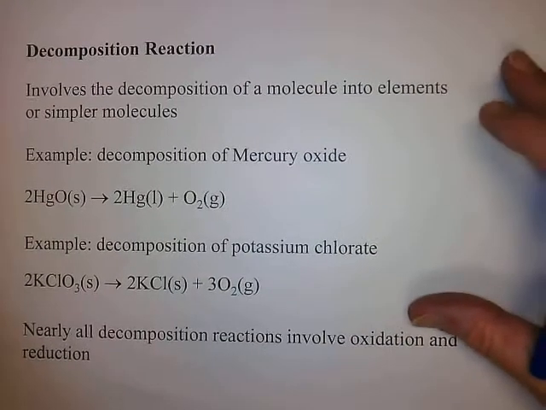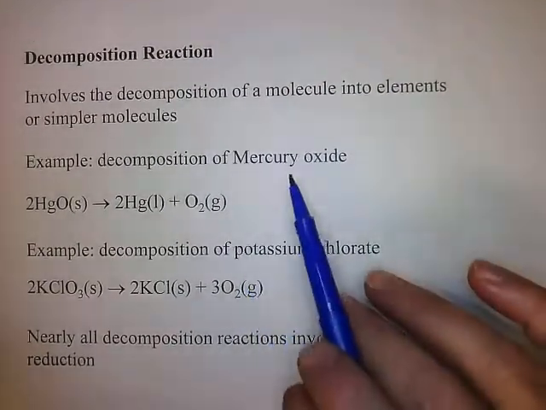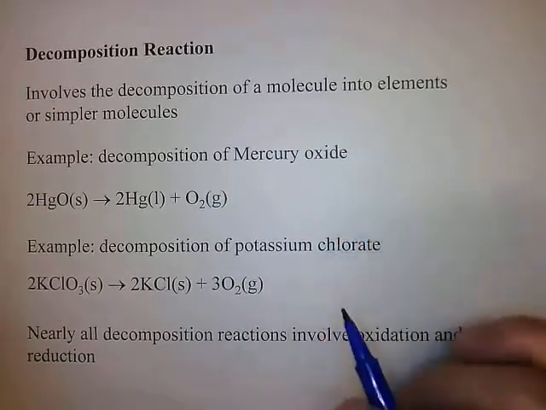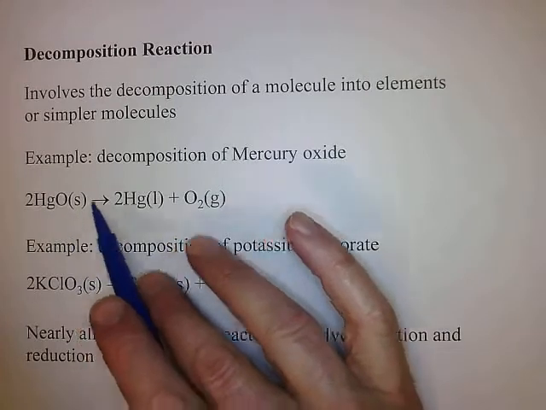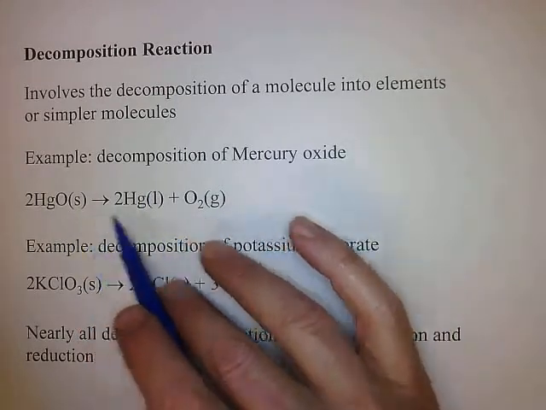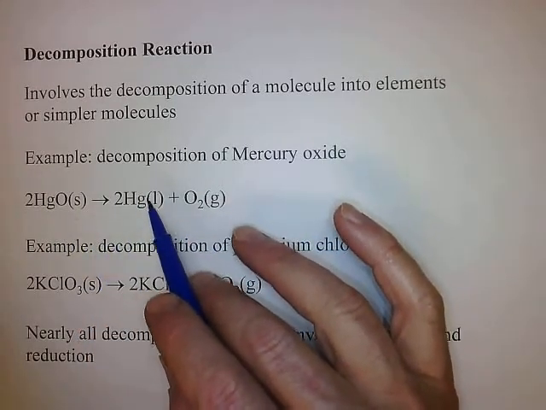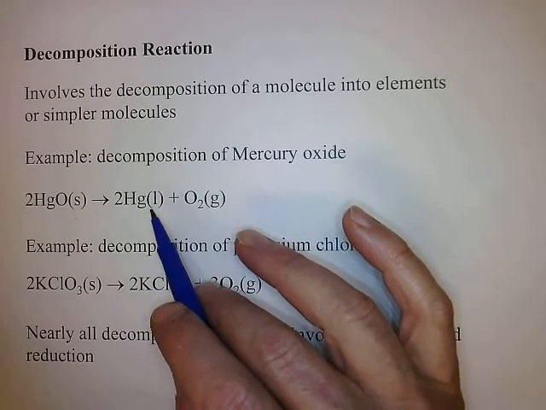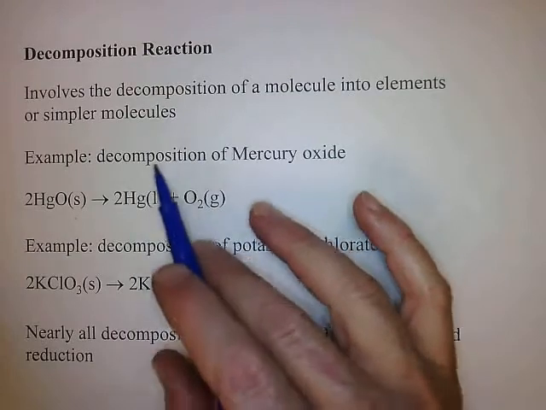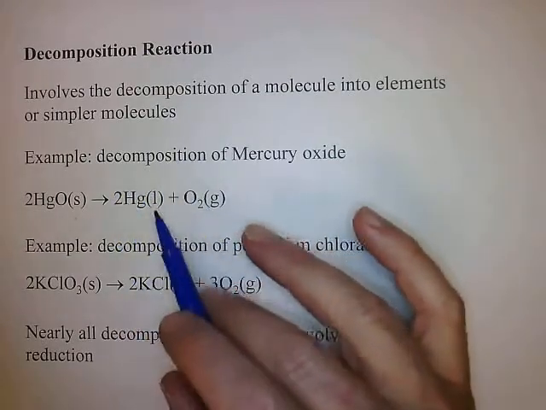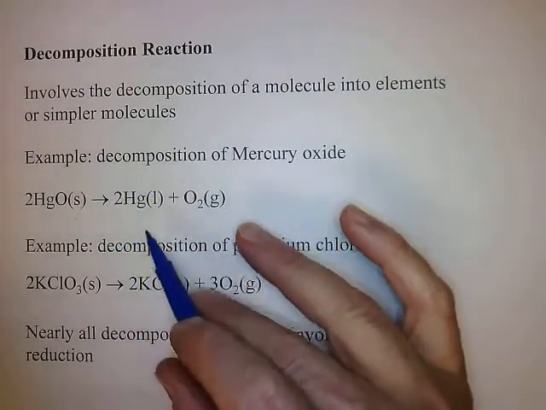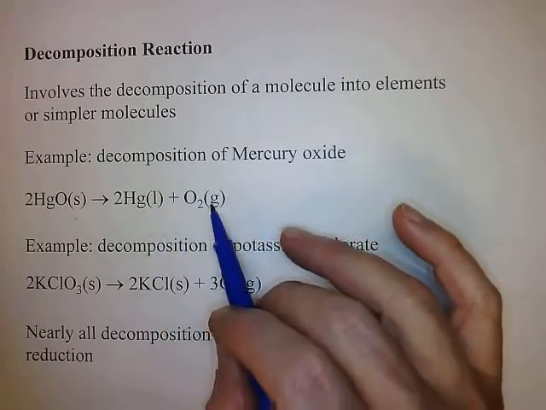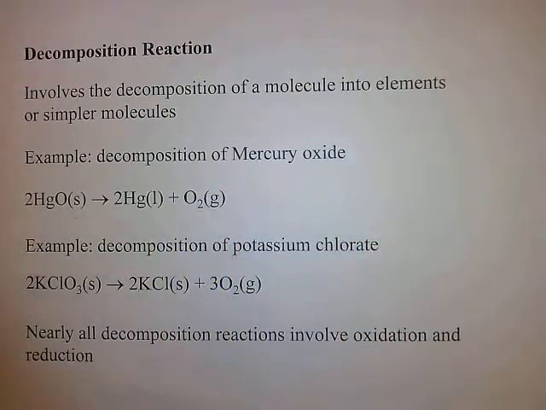So, for example, if you heat mercury oxide, an orange-red powder, it decomposes and gives off oxygen and decomposes into mercury metal. Note the L there. That means liquid. Mercury is one of the few elements, and it's the only metal that's a liquid at room temperature. But anyway, it gives off mercury liquid and oxygen gas.